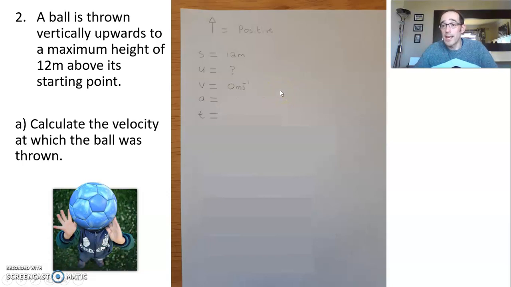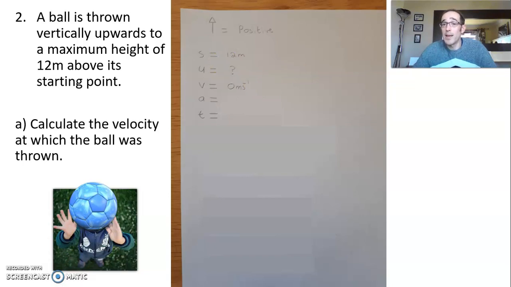We also know the acceleration. The acceleration is the acceleration due to gravity, which on Earth is 9.8 meters per second per second. This value is given on the data sheet in any questions that you get. Because we've chosen up the way to be positive, the acceleration due to gravity always acts down the way towards the centre of the Earth.